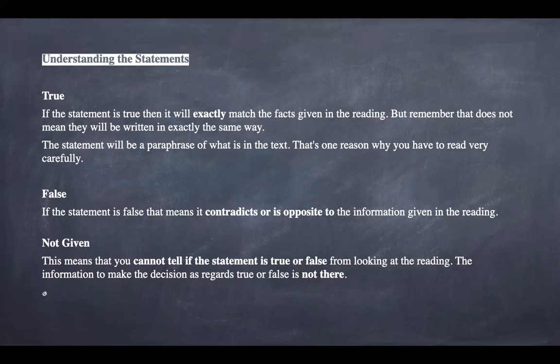So that is when the statement becomes false. And not given simply tells you that the information you're looking for, which is given in the statement, is simply not present in the reading passage given to you. So if you cannot find that information, then it is clearly not given.